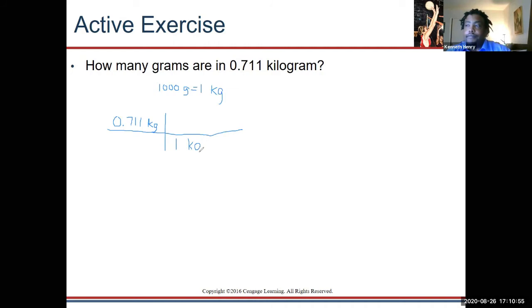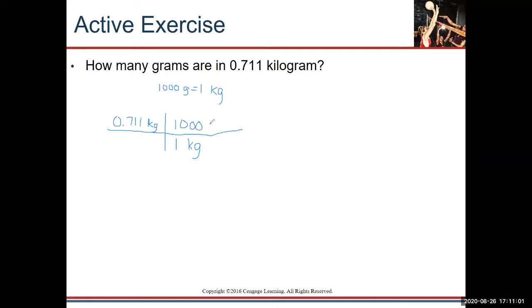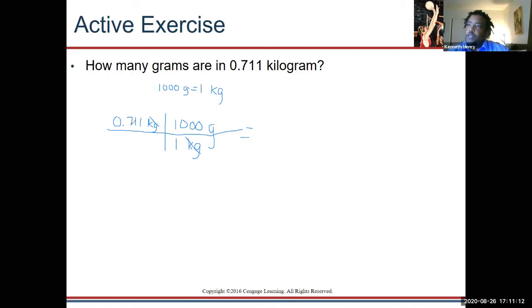And on top, 1,000 grams. And then you cancel the kilograms out, and then you multiply across. Okay, so my answer is going to be 711 grams.